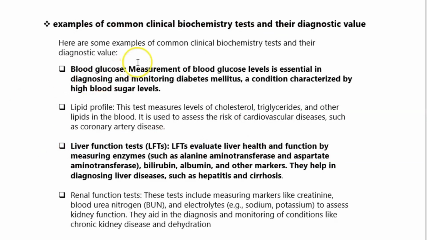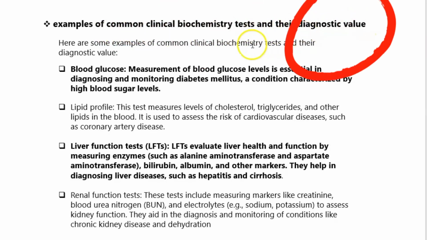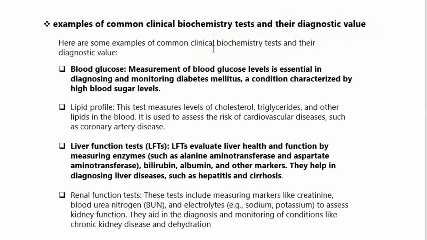I told you earlier that in the course of these lectures, one of the objectives that I would like all of us to achieve is what? We should be able to list clinical biochemistry tests and their diagnostic value. And I started by explaining a blood sample, that in order for us to be able to monitor a disease or diagnose an accurate disease condition, we should be able to know the amount of the substance that is present in blood.